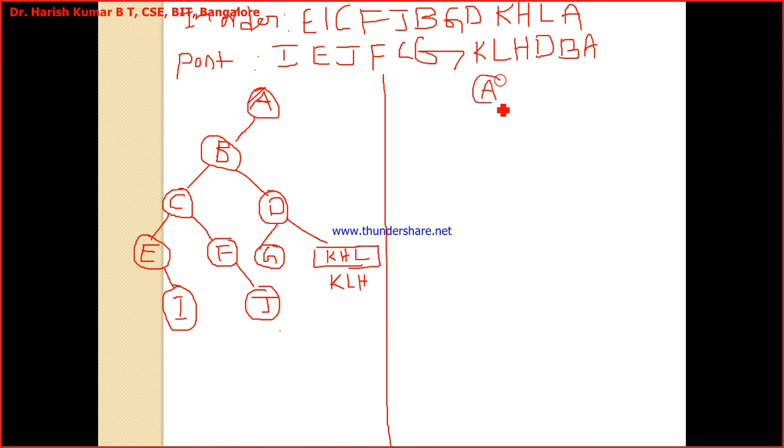A, and then left child for A is B, and then left child for B is C, and left child for C is E, and right child for E is I, and then right child for C is F, and then right child for F is J.